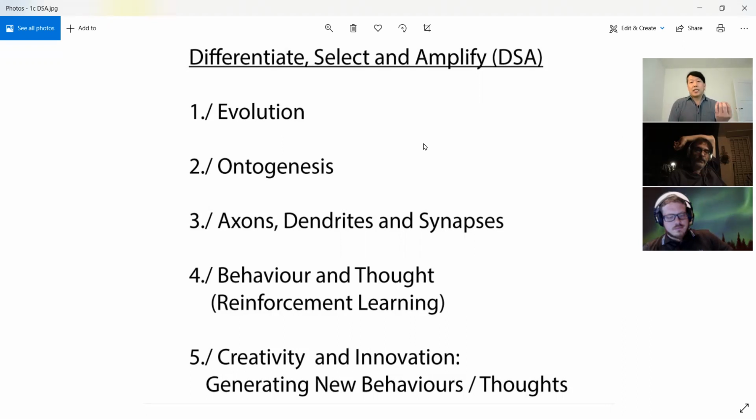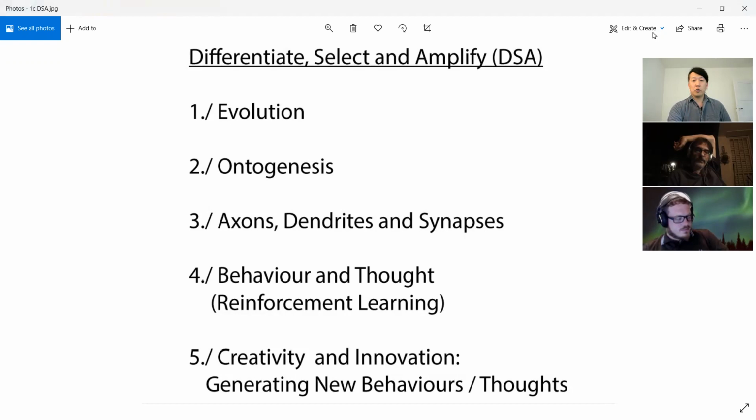So as we go down this table, this covers everything from the emanation from a fertilized egg to everything in our lives. A single emanation from a fertilized egg, a process of differentiate, select, amplify. We're going to code that in a formal language later on in order to show how we can turn it into artificial intelligence software.